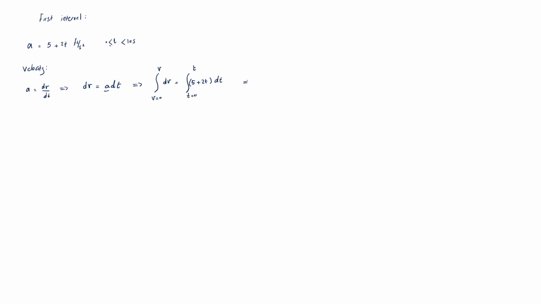When we solve this integral, the velocity equals 5 times t plus 2 times t squared over 2. As you can see, the lower limit of the integral is 0, so we have v minus 0. We have v equal 5 times t plus t squared.